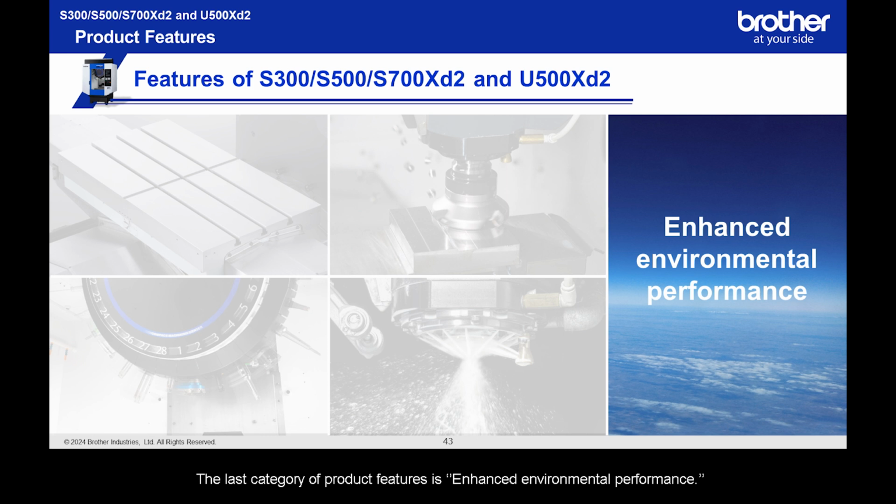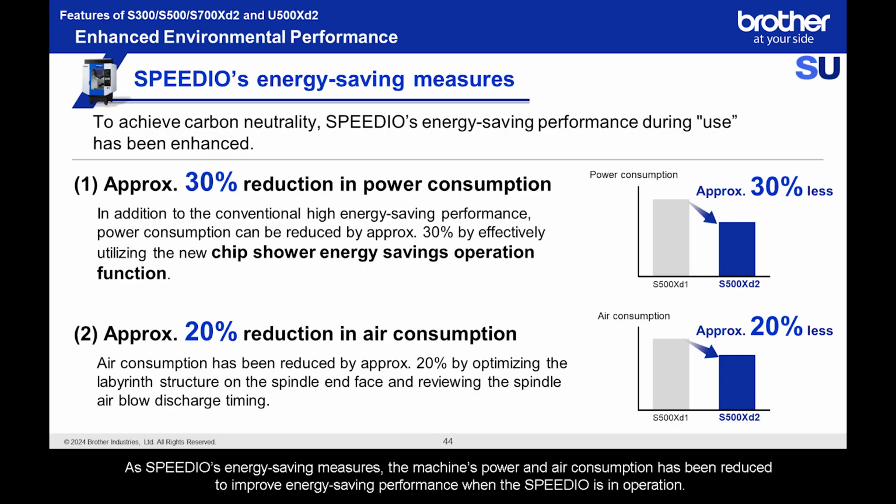The last category of product features is enhanced environmental performance. As Speedio's energy-saving measures, the machine's power and air consumption has been reduced to improve energy-saving performance when the Speedio is in operation.